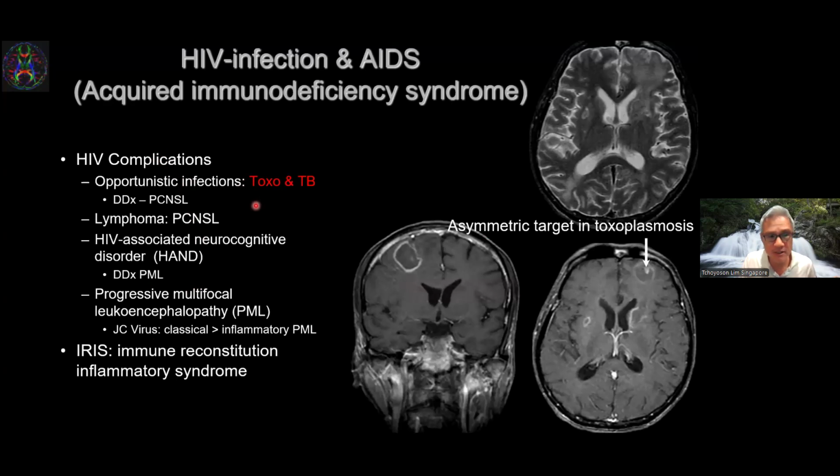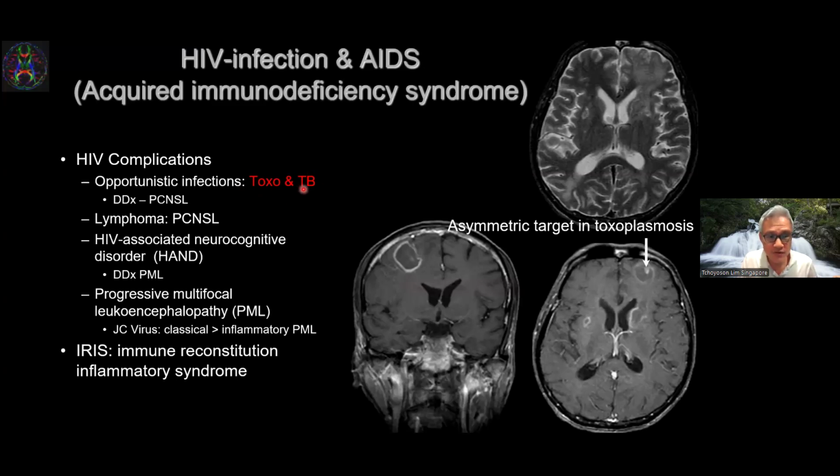And in our center, our infectious disease specialists will treat a patient who has CNS findings with an empirical course of anti-toxo treatment, and then do follow-up MR.